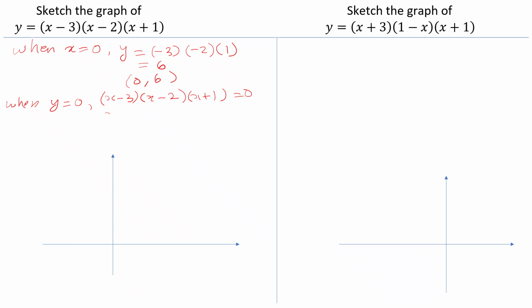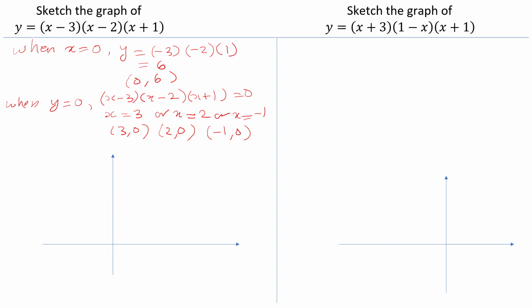So x equals 3, or x equals 2, or x equals minus 1. So the graph cuts at (3, 0), (2, 0) and (minus 1, 0).